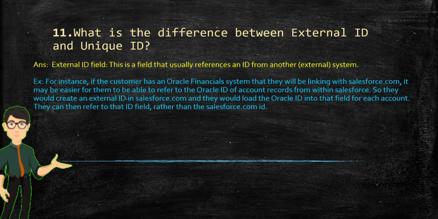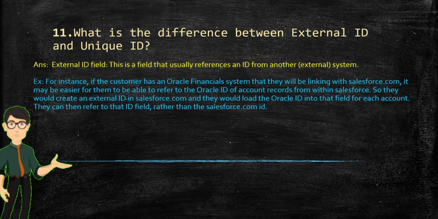For instance, if a customer has an Oracle financial system that they want to link with salesforce.com, it will be easier for them to refer to the Oracle ID of an account record from within Salesforce. They can create an external ID field in Salesforce and load the Oracle ID into that field for each account.